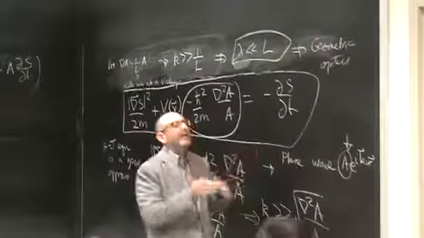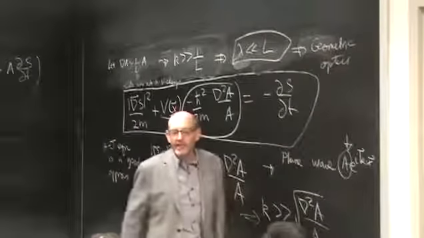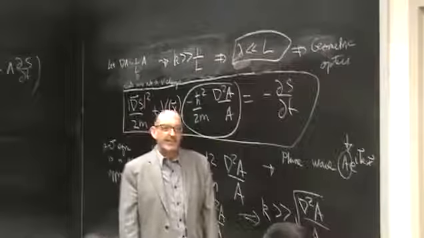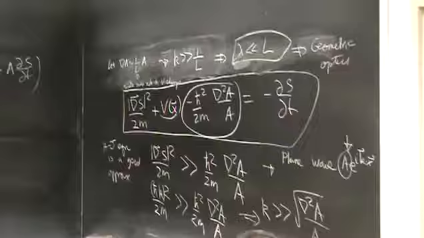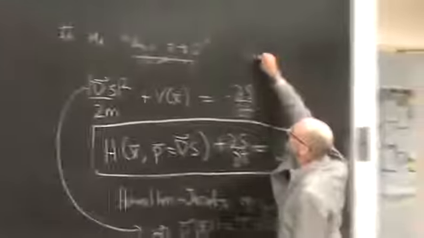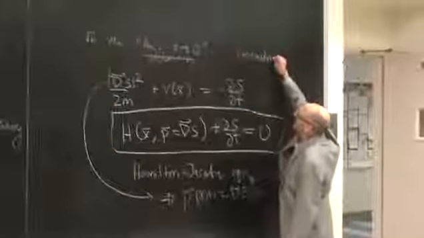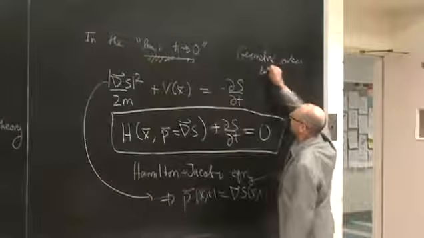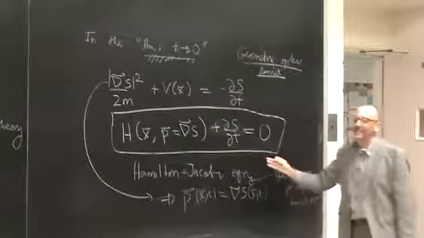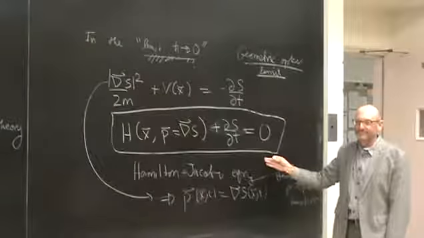I don't have to think about diffraction or any wave-like property. The thing we're learning here is that the geometric optics limit of quantum mechanics is classical mechanics.